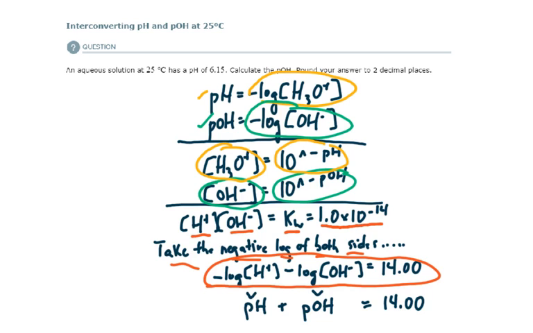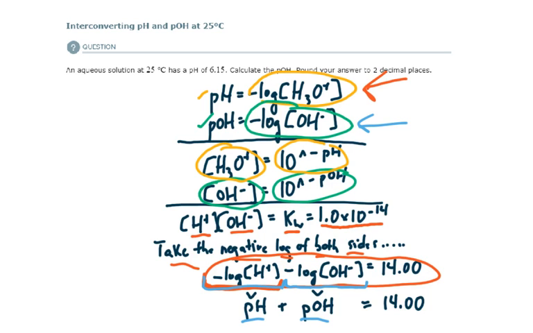Okay? Now, from the definition of pH, how did we define pH up here? pH is equal to the negative log of the hydronium ion concentration. Well, look, that's what this is right there. So what is the negative log of the hydronium ion concentration? pH. What is the negative log of the hydroxide ion concentration? pOH. That's what we define there.